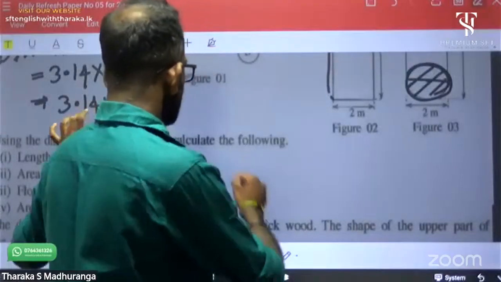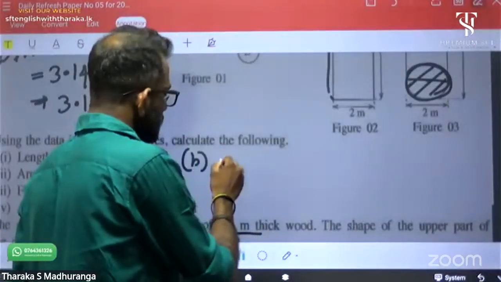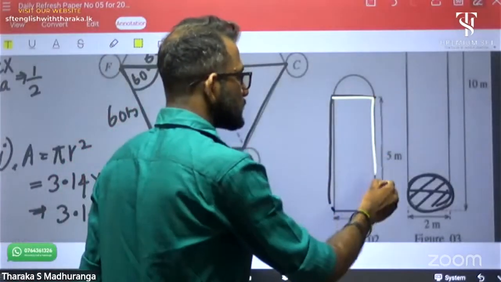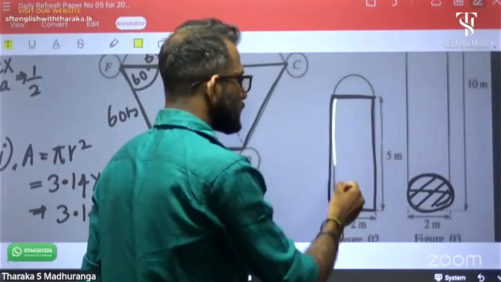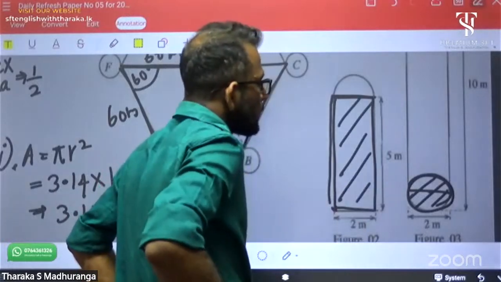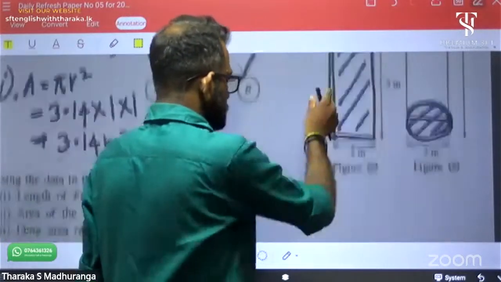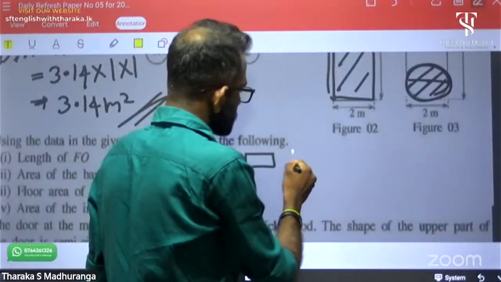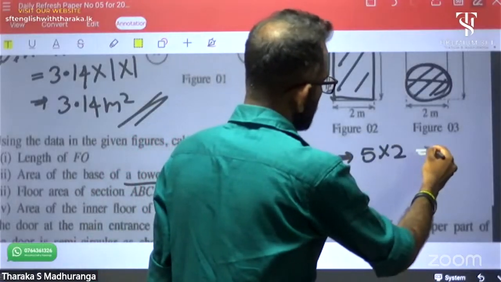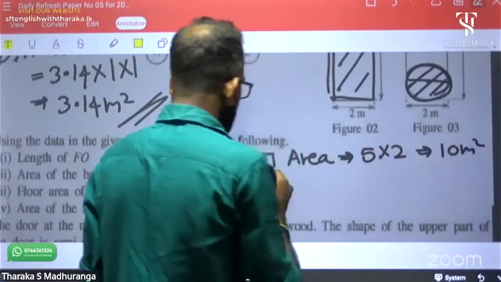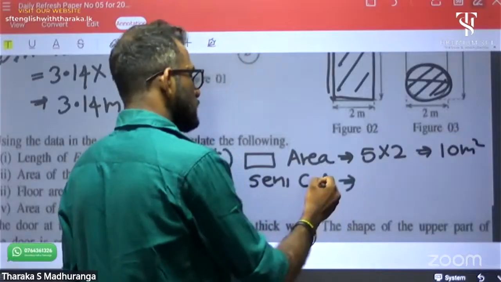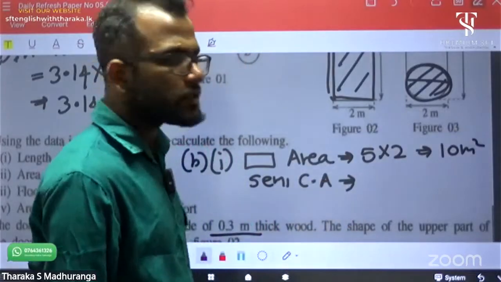Okay, how to calculate? B part 1. Now, the front surface is a rectangle, 5 into 2. Rectangle area is 10 square meter. Now, semicircle area. How to get this semicircle area?